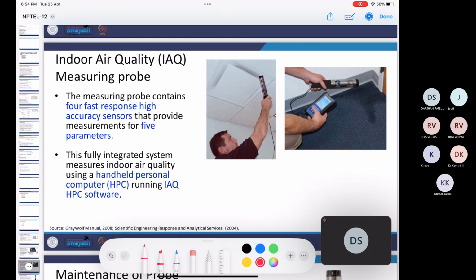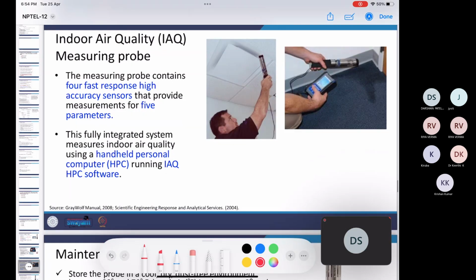So at any point where you need to measure these parameters of indoor air quality, you can just grab this probe, hold it, and take it to whatever point where you need to measure the concentrations.